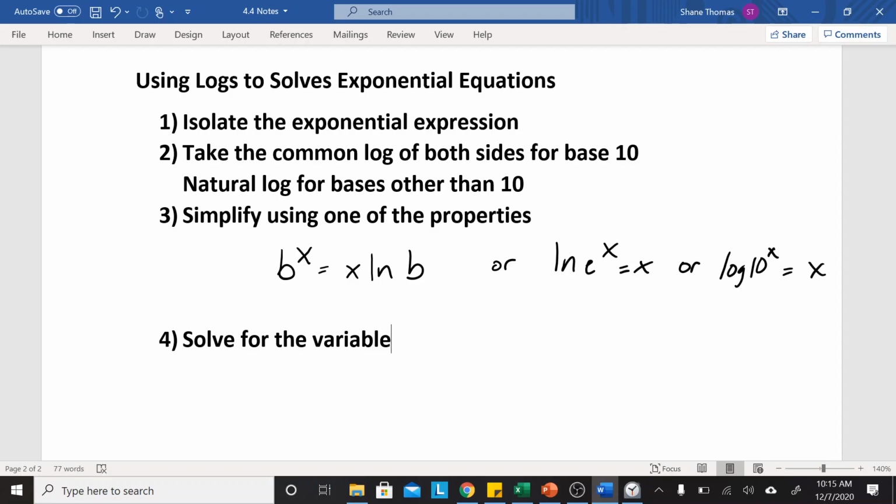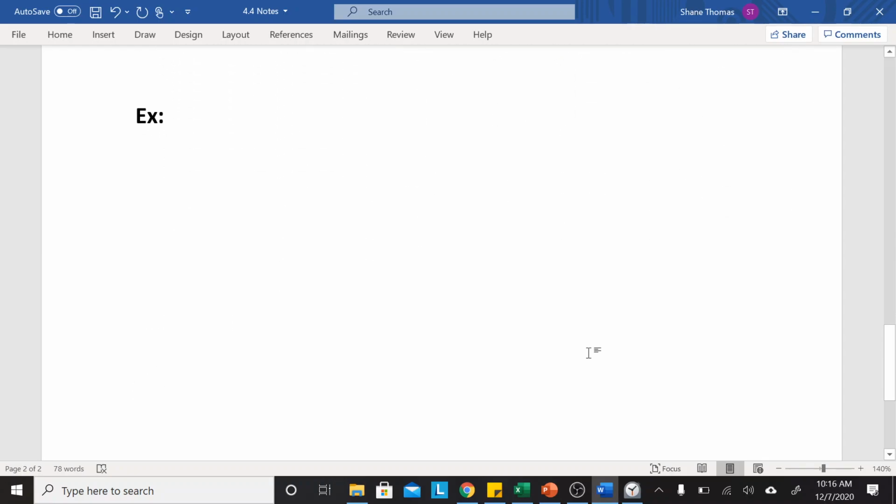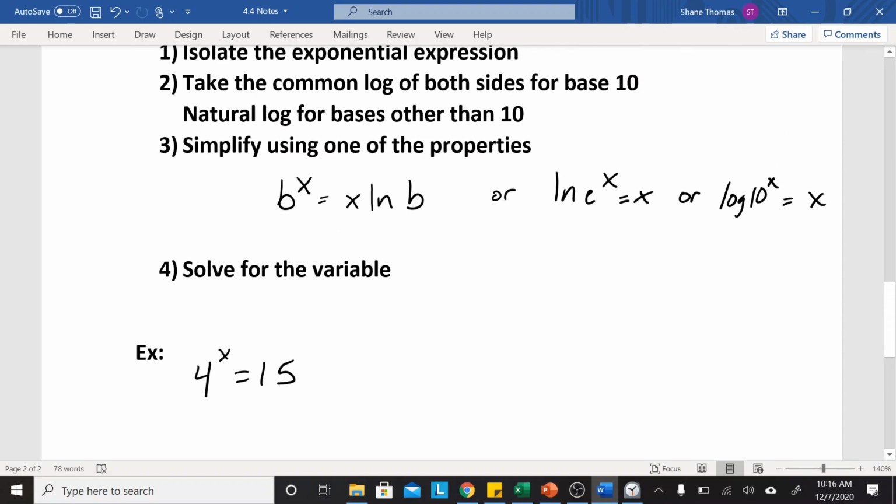All right, so let's look at some examples here. So first one, let's go. Better? All right, so I got 4 to the x equals 15. So what I can do, this looks like the very first one, right? b to the x.